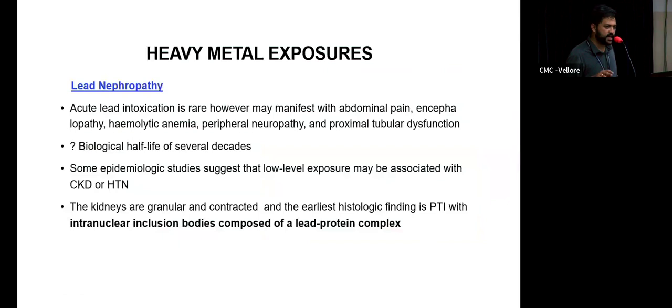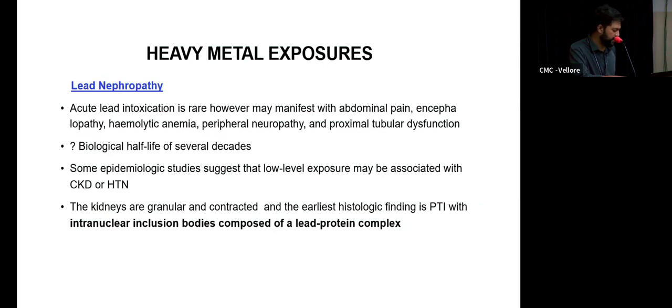Heavy metals are another important, under-recognized, often overlooked cause of CIN. In our routine practice, we don't send a lot of patients for heavy metal screening if we get a diagnosis of CIN on the biopsy. But it should be done, especially in cohorts where patients have an occupational hazard that can possibly cause it.